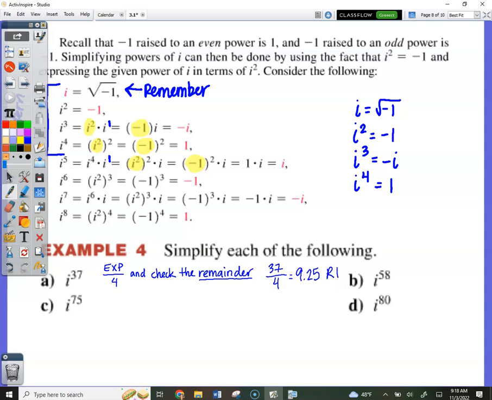So this nonsense here is going to be the same thing as i to the first power, which is why this little anchor chart is helpful. i to the first power is just i. You don't have to leave it as the square root of -1. So I'm going to come right here and put this is i to the first power, which is just i.